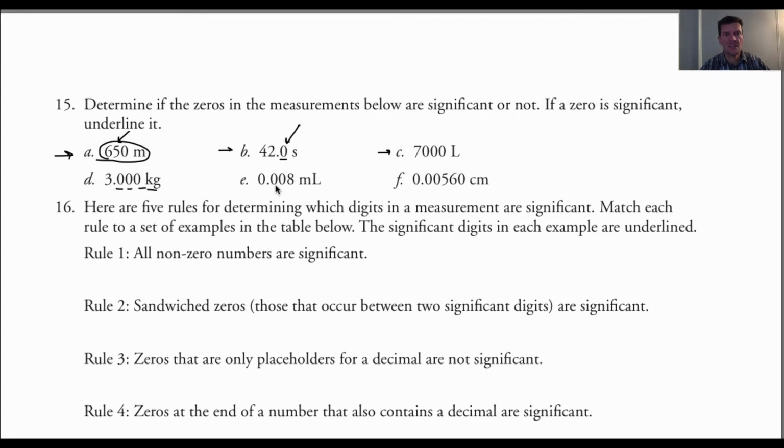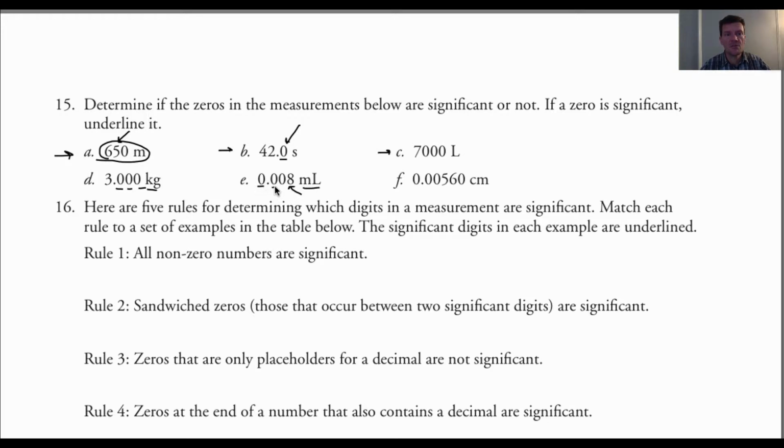Yes, significant. In this case, these three zeros are not part of the precision or the significance of your measurement, and they are simply pushing the 8 into the correct location. This 8 right here is telling you that your instrument is measuring to the nearest thousandth of a milliliter.